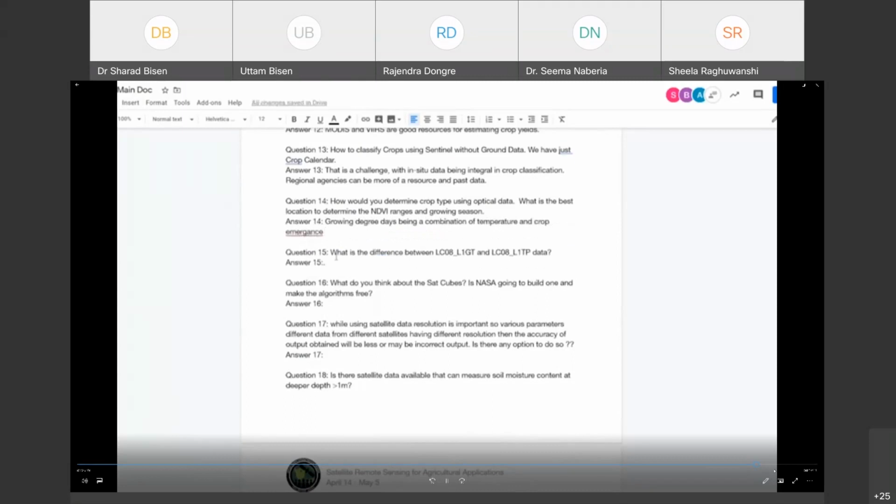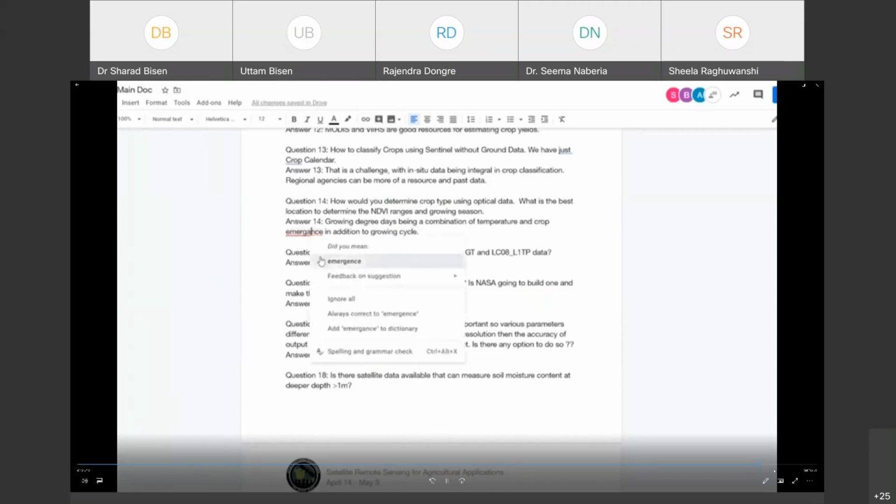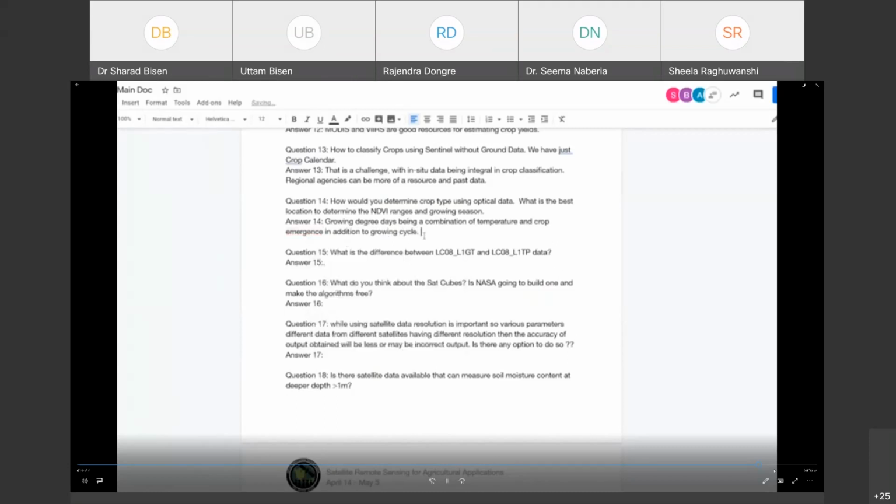And so knowing the start of those growing degree days for your region, and some of these can be derived from remote sensing data, you can assess what type of crop has been started within that area at that time. So that's one way of assessing crop type.